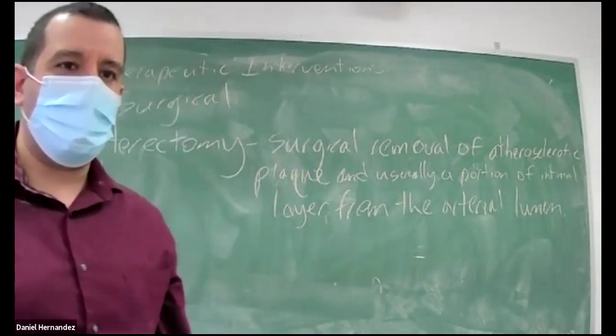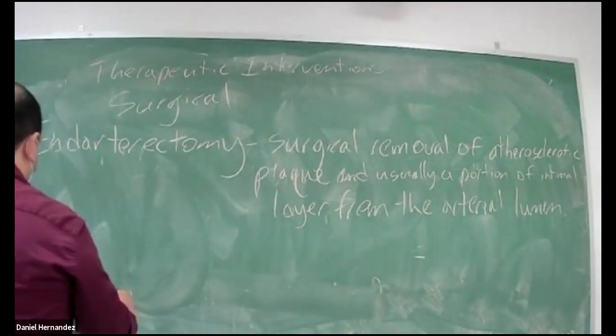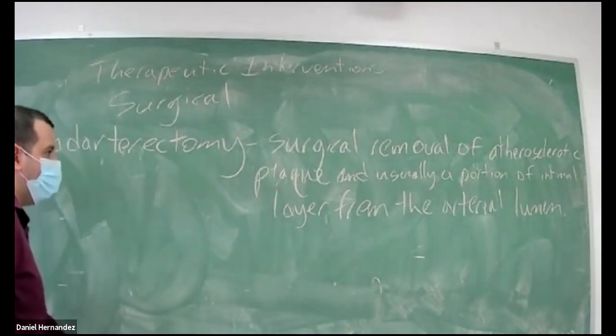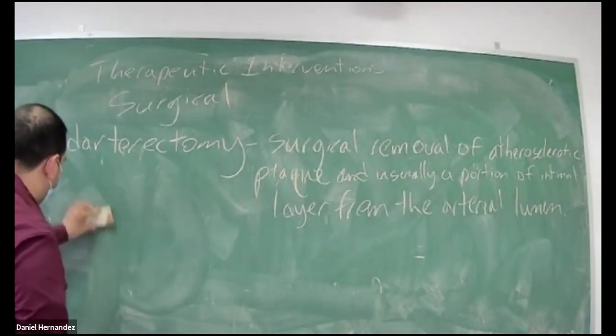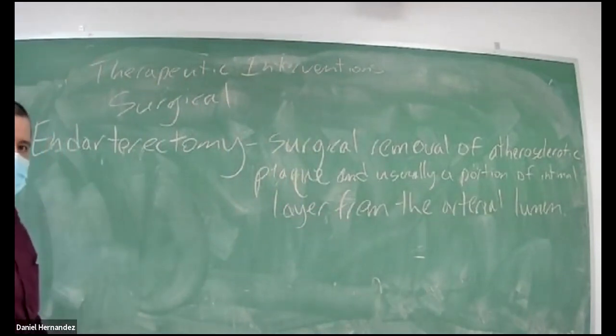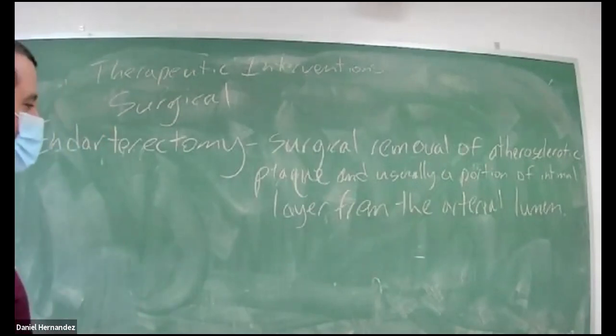But this carotid endarterectomy is performed in patients that have high-grade stenoses. So we don't do this in patients that just have a little bit of plaque. There has to be significant plaque for the surgeons to perform this procedure.